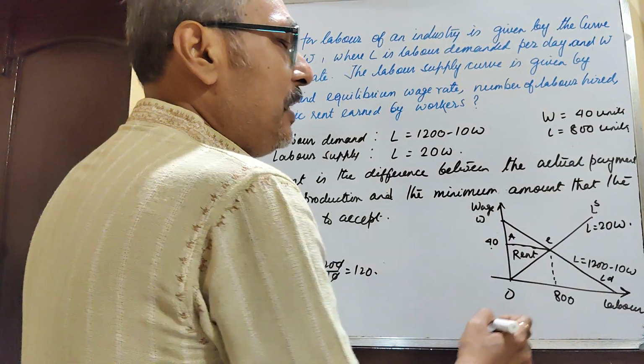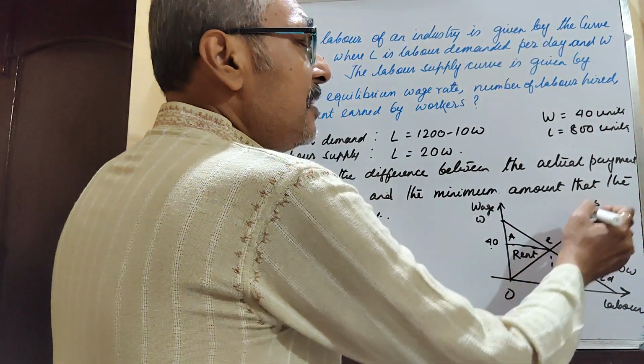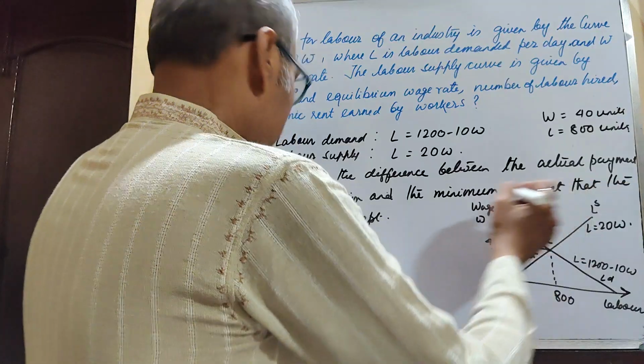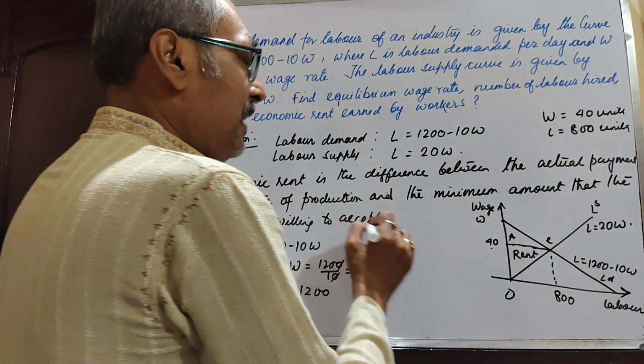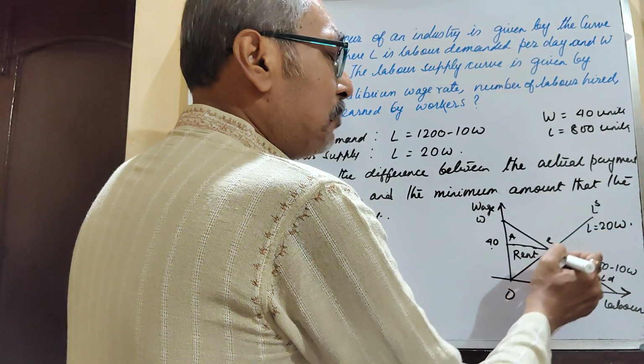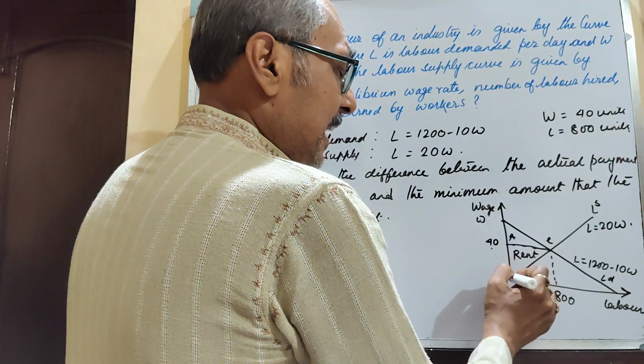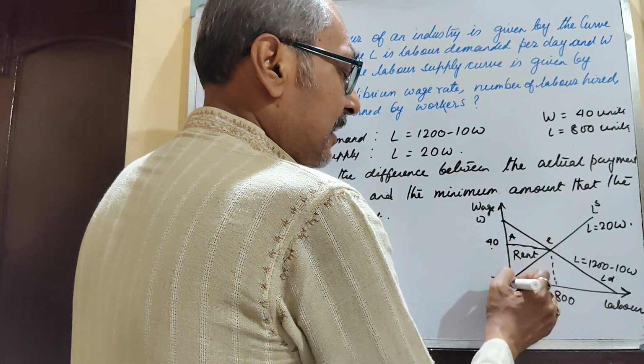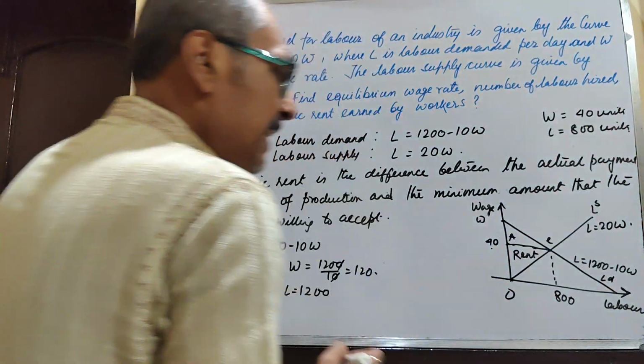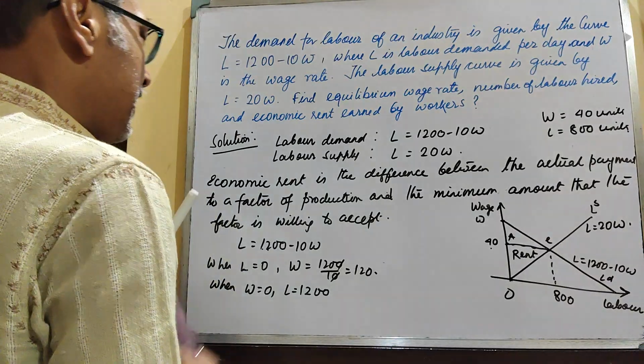We get the minimum amount that the factor is willing to accept from the labor supply curve, and the area of this triangle, OAE, is the economic rent.